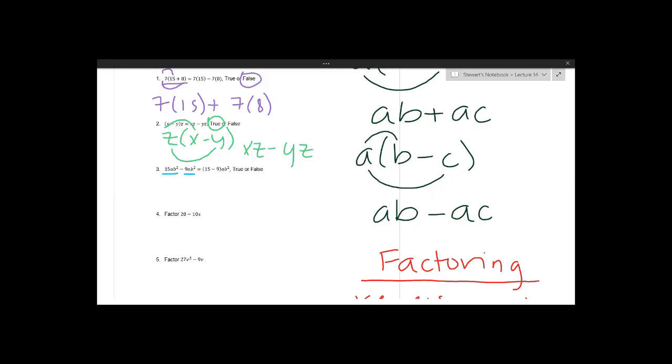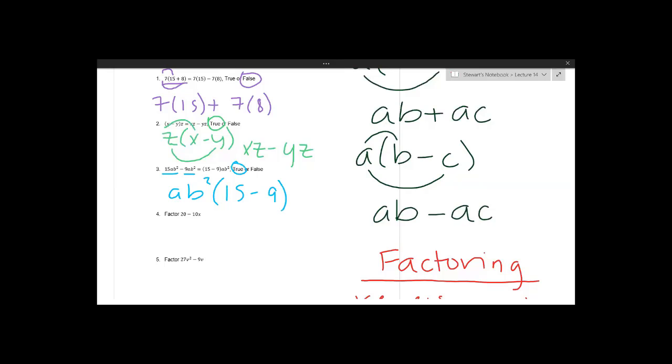They have the ab squared in common. So you could factor out the ab squared, because both terms have the ab squared in it. So you'd have ab squared, and then all that's left is the quantity 15 minus 9.